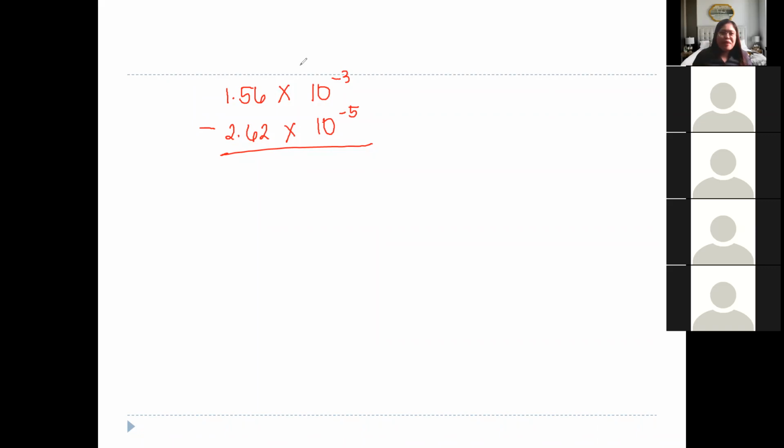Gamit ni calculator ang mga paspas kayo nag-send, no? The answer.